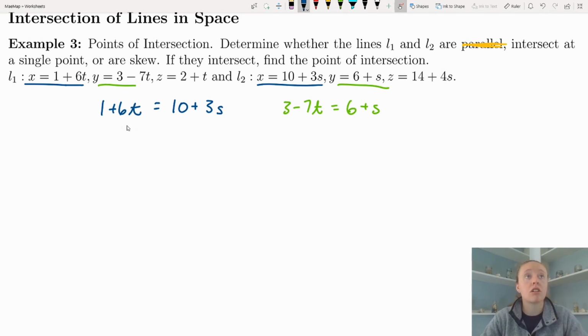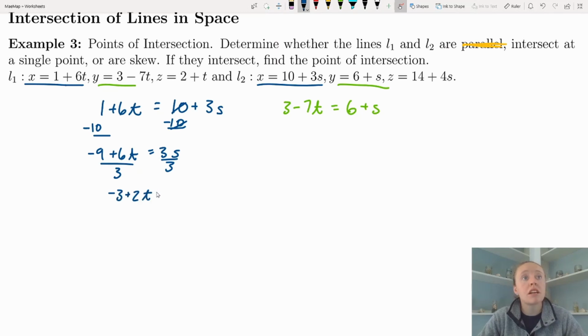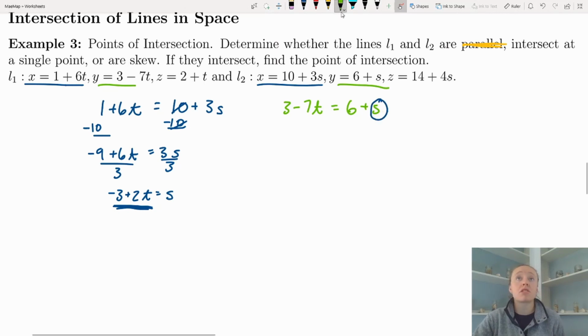So I'll subtract 10 from both sides to get that negative 9 plus 6t equals 3s. And then I'll divide by 3. So I'll get negative 3 plus 2t is equal to s. So because I know what s is, I'm going to plug that in for s in my equations for y.